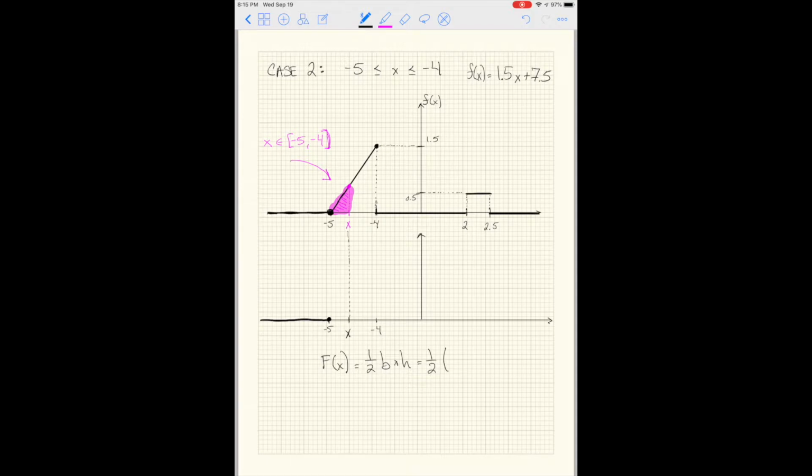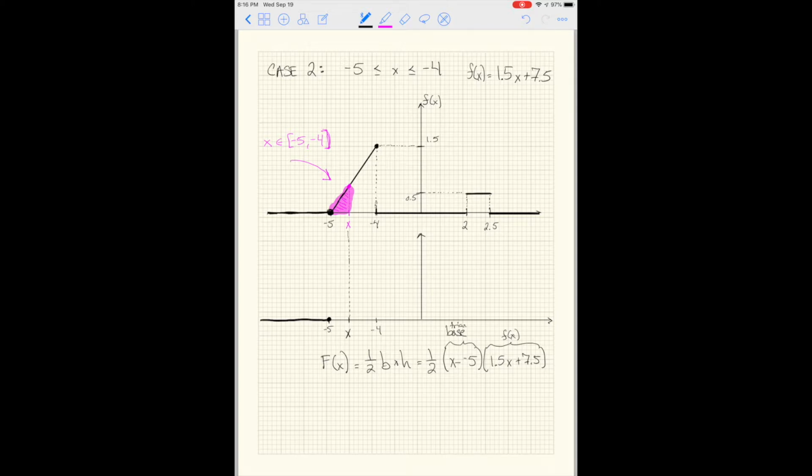And then you say, well, what's my base? Well, the base is the distance from x to -5, so you could do x minus -5. And then the height is going to be the f of x formula, so that's 1.5x plus 7.5. This is just little f of x in this region. And this is just, again, the base of the triangle.